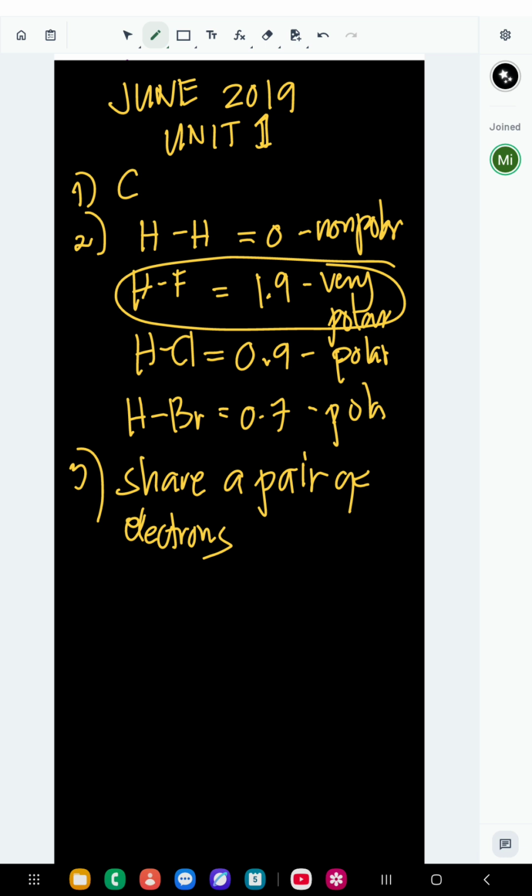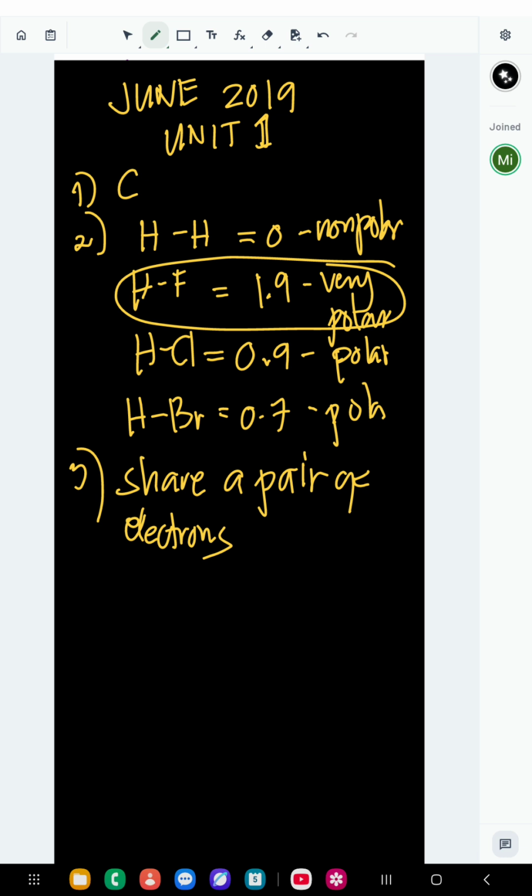For letter B, positive ions and the localized electrons describe metallic bonding. And for letter A, oppositely charged ions, that is not covalent. If it's oppositely charged ions, then that means that is ionic bonding. All right, so the answer should be letter D, two nuclei and a shared pair of electrons.